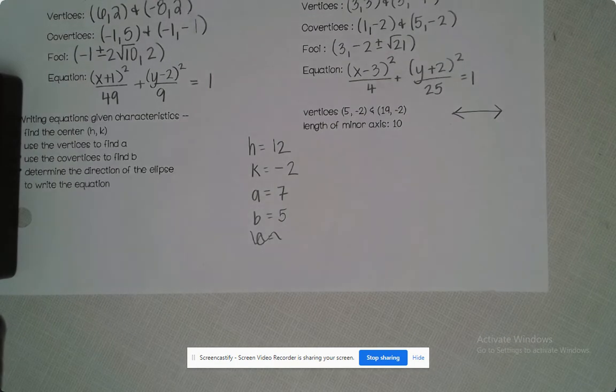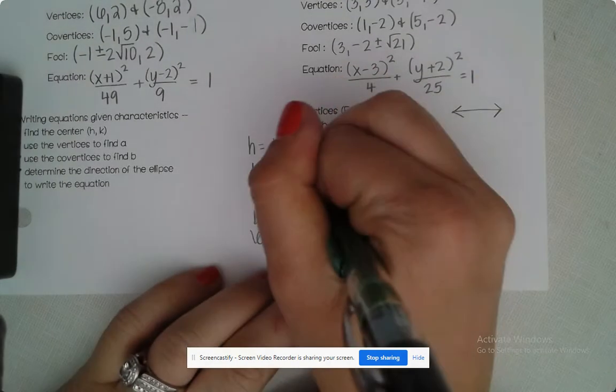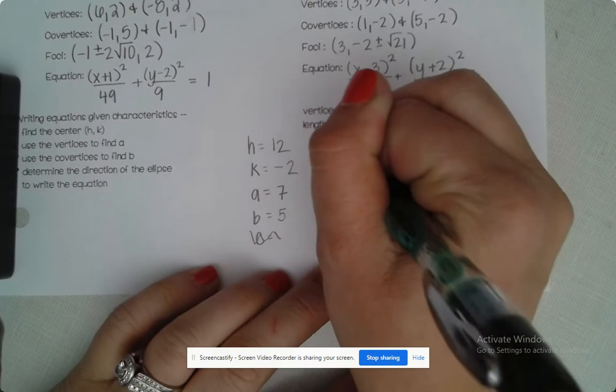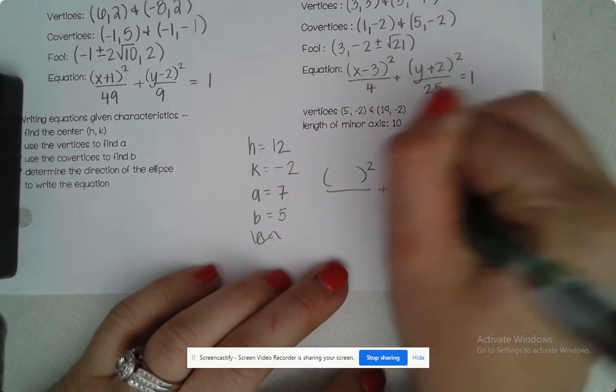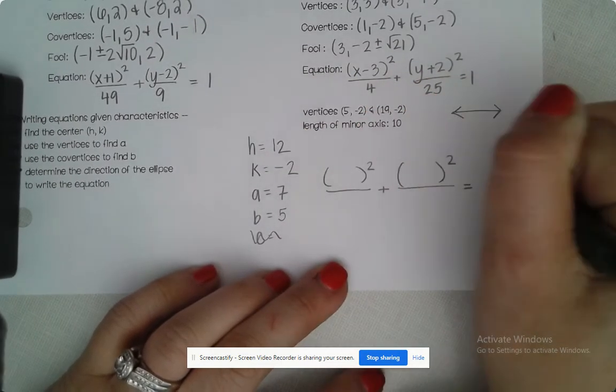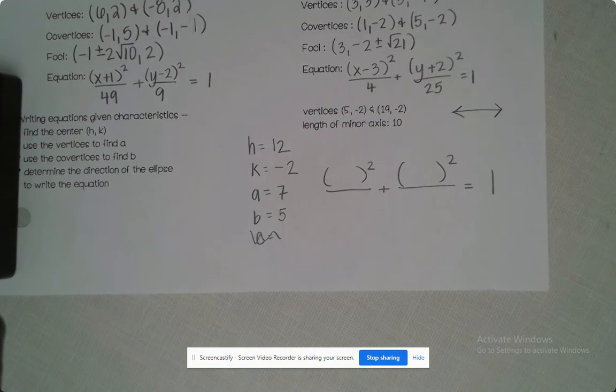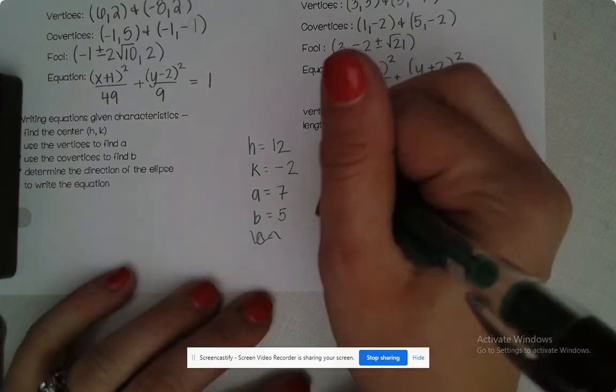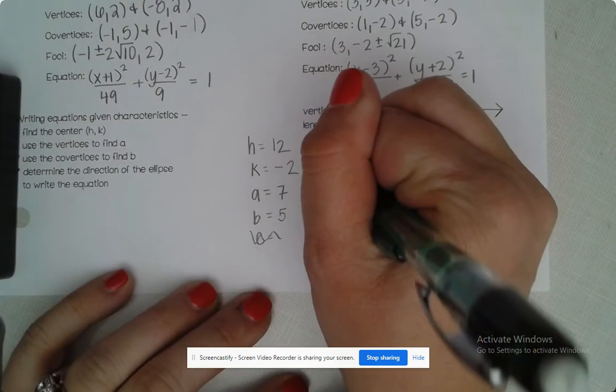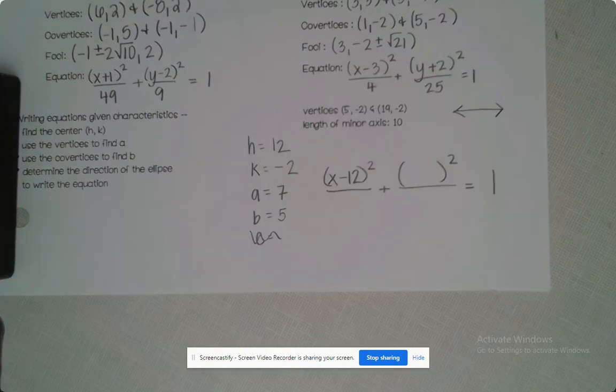But you need to write your equation. So it still has to be something squared plus something squared equals 1. What goes in my first parenthesis? X minus 12 over what? 49, because we said it's stretched horizontally.